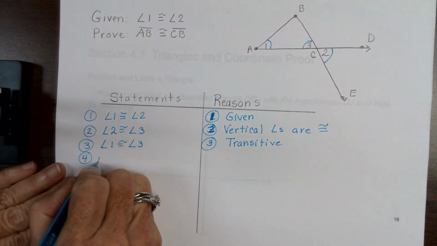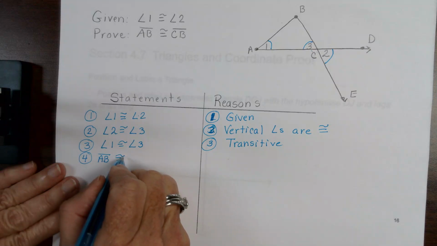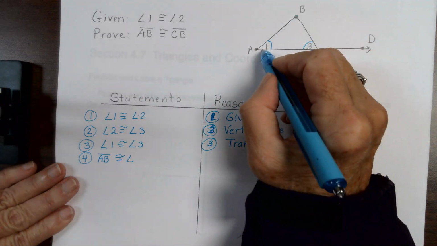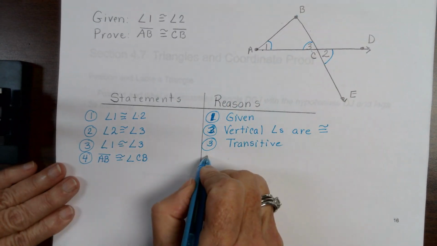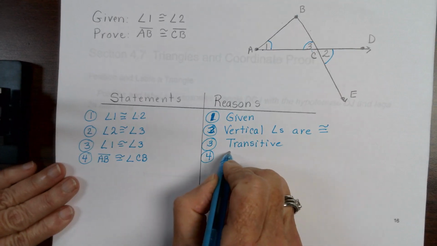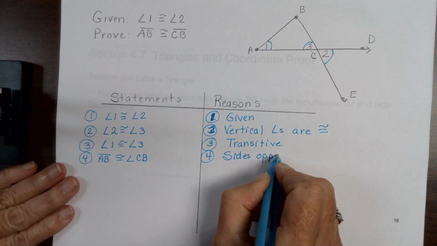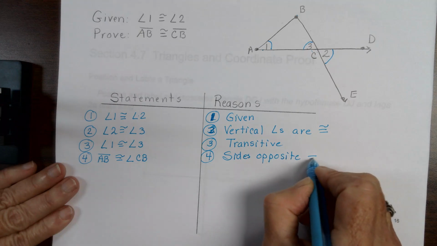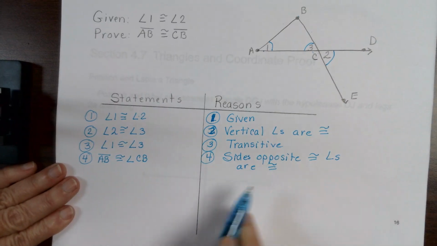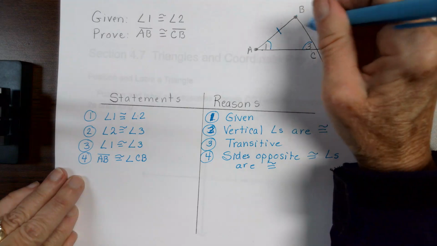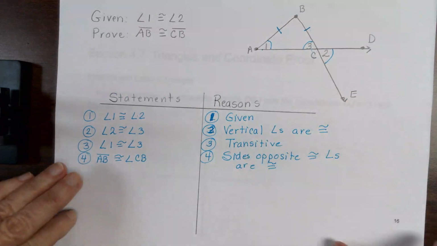Therefore, AB, which is the side opposite 3, would have to be congruent to BC, which is the side opposite 1, because sides opposite congruent angles are congruent. So therefore, you've proved that that side is congruent to that side because this is opposite that, this is opposite that.